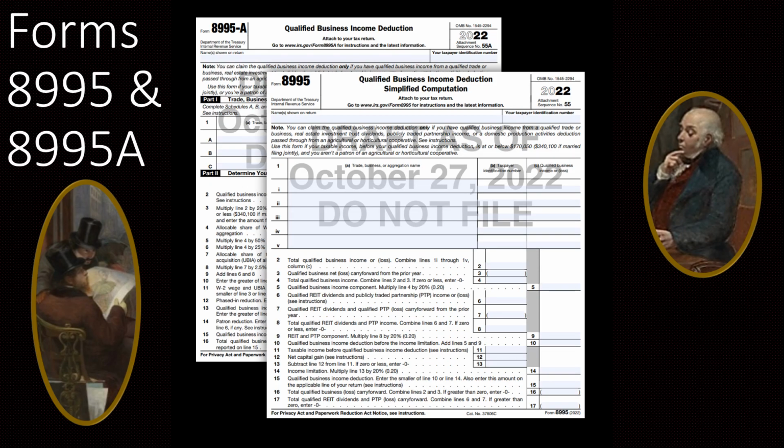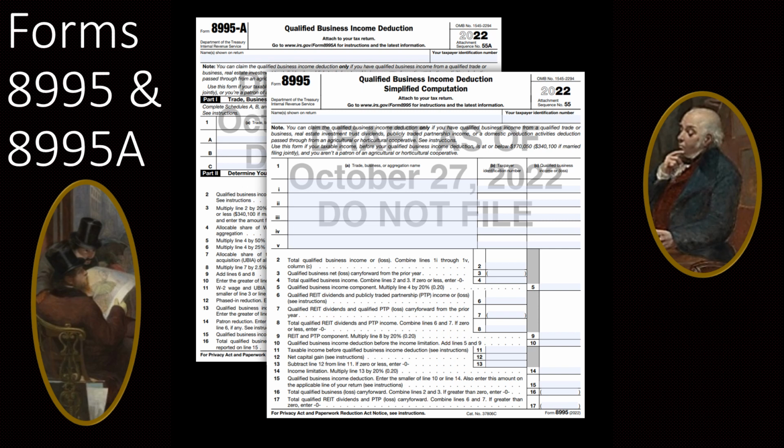And these are our forms 8995 and 8995A. It's where the QBI is calculated. You won't see both of these on a return. You would just see one or the other. And for our clientele, we're really going to be looking at the 8995, the simplified computation. You'll notice up in this grid here in the top portion is where the taxpayers' services and businesses are listed out.